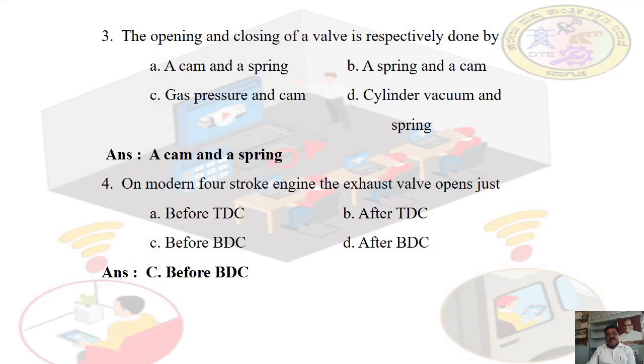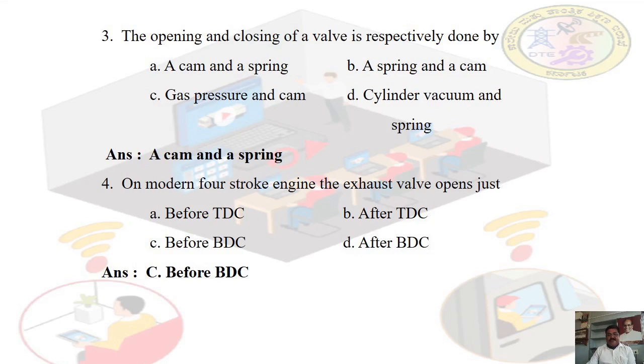Next question. On a modern 4-stroke engine, the exhaust valve opens just: option A before TDC, option B after TDC, option C before BDC, bottom dead center, option D after BDC.